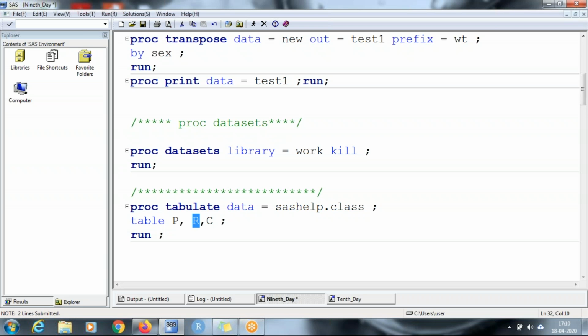So just think about your pivot table. It is similar to a pivot table, and the P stands for page. So PRC: page dimension, row dimension, and column dimension.